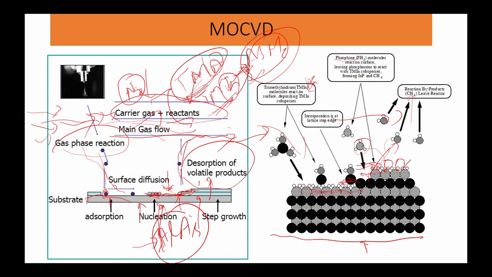If we are giving 5 SCCM or 10 SCCM, the concentration of the material can be changed accordingly, and we can change the composition of the indium aluminium arsenide. Here we can change the aluminium, indium composition by changing the partial pressure or the flow of the gas.